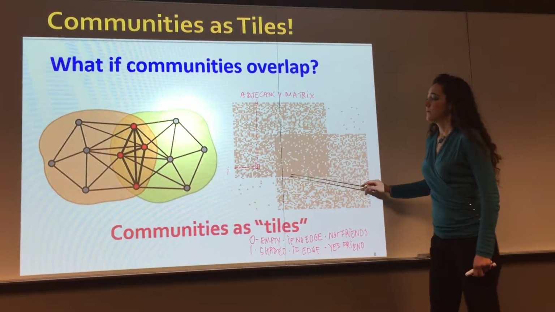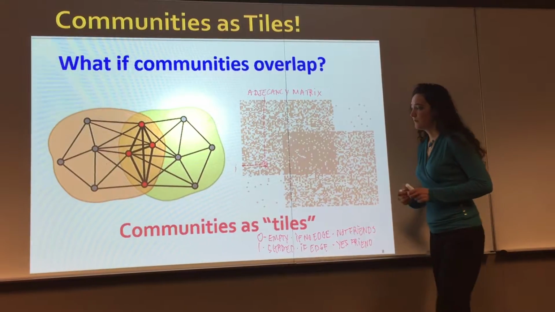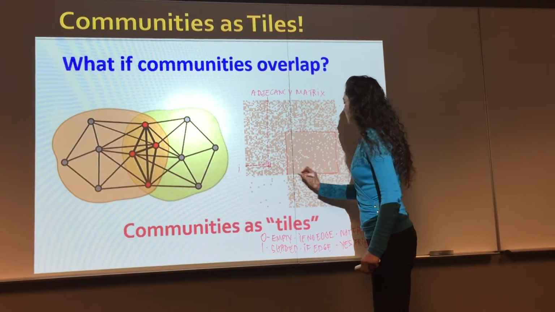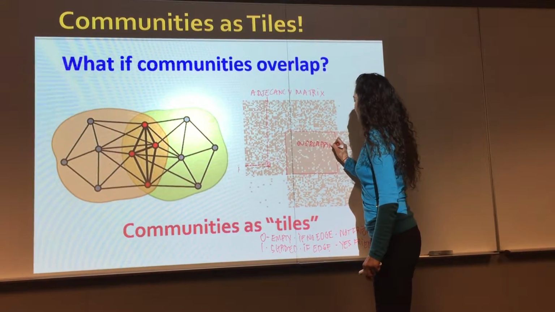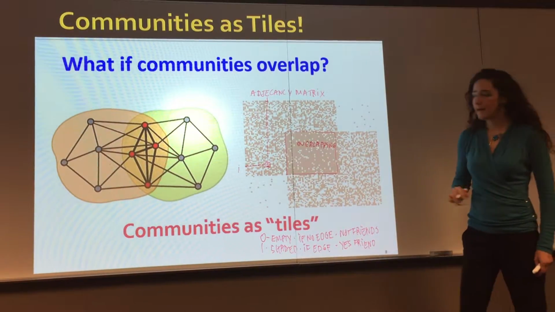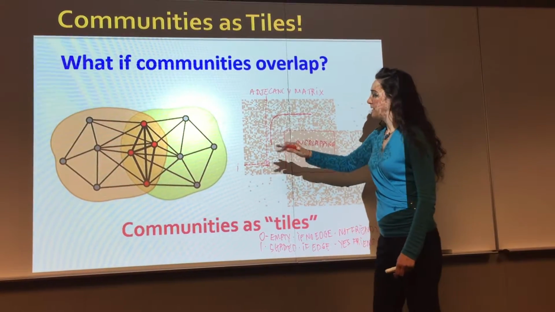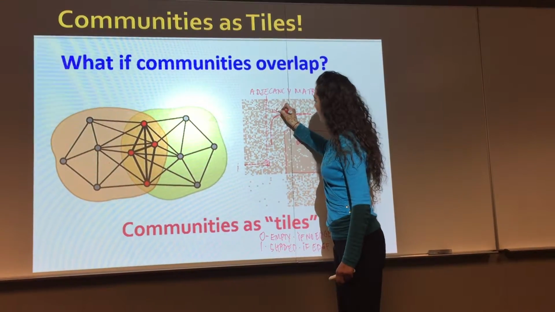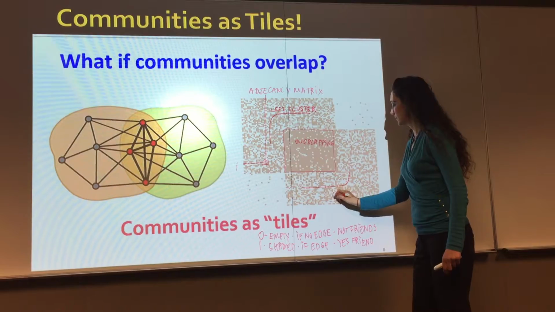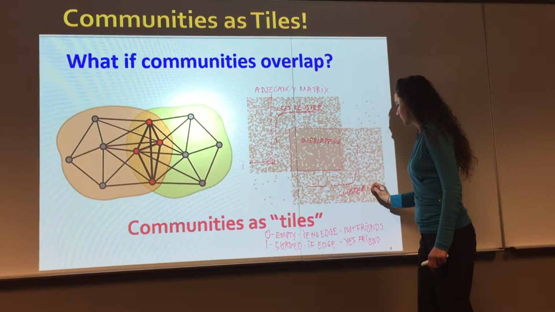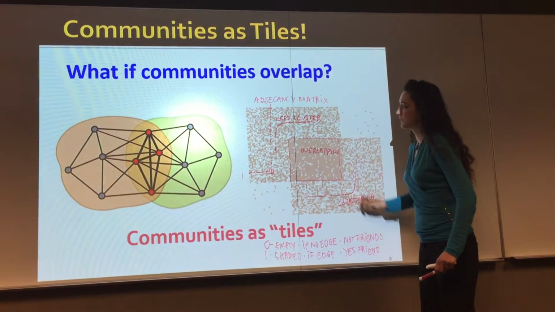Now you see that the darkest area in the middle corresponds to the overlapping nodes, those red nodes. The area on the top left is the cluster on the left, and then the cluster on the right. So these would be the orange ones.